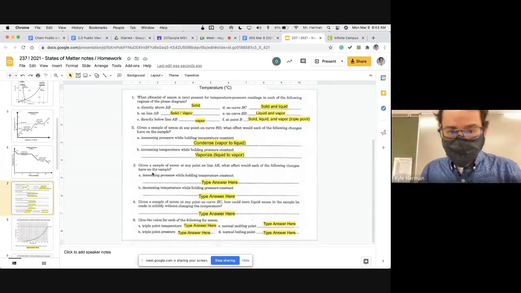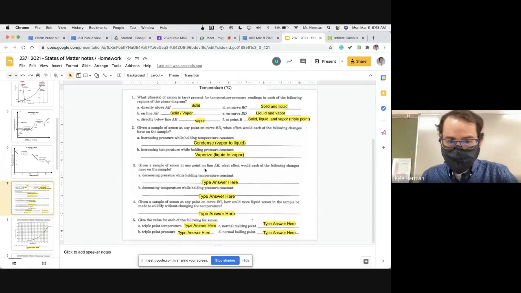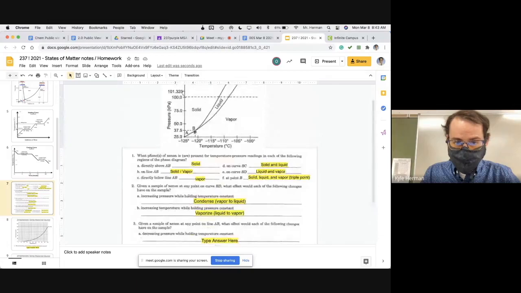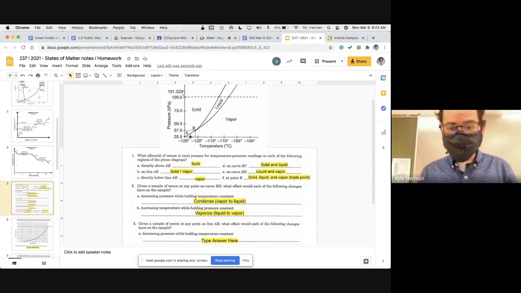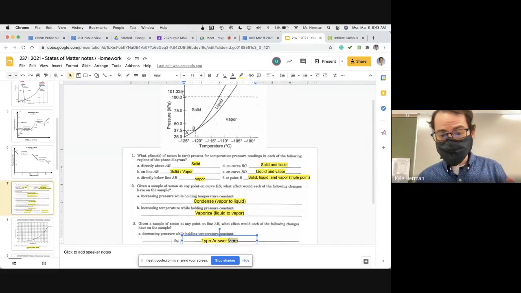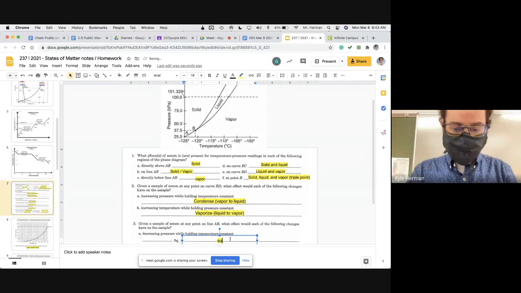And it says, given a sample of xenon at any point on AB, what effect would each of the following changes have on the sample? So let's decrease the pressure on AB. So AB is here, pressure going down. It is going to form more vapor, right? All right, so it's going to form more vapor, but it's going from a solid to a vapor. So we would say that it's subliming, all right? And that would be solid to vapor.